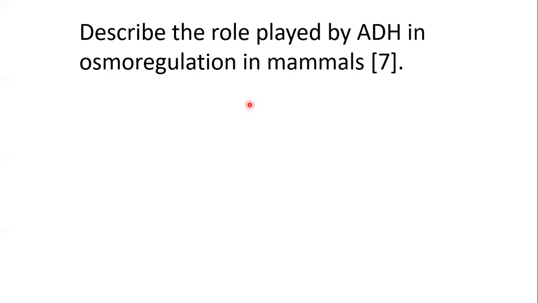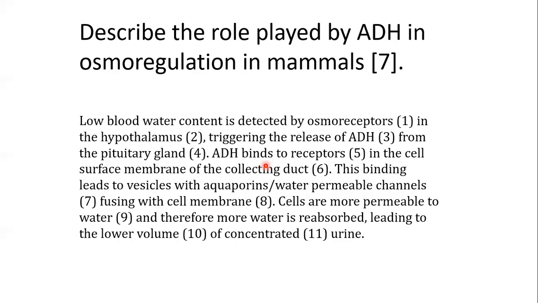Once this vesicle fuses with the cell surface membrane, this will increase the permeability of the collecting duct, allowing more water to travel through these aquaporins back into the medulla. As a result, urine will become more concentrated and has a lesser volume because water is now reabsorbed back. Here are the example points.